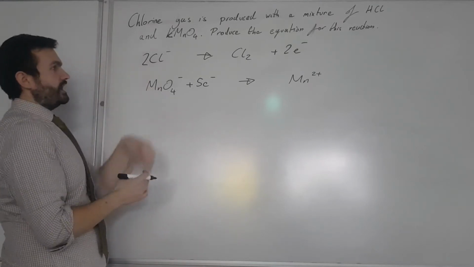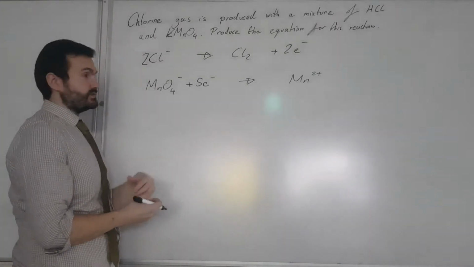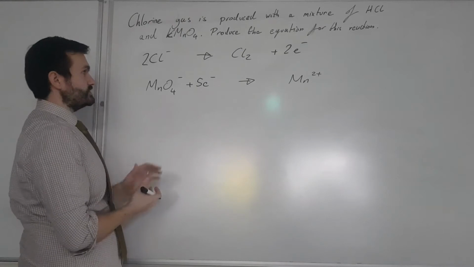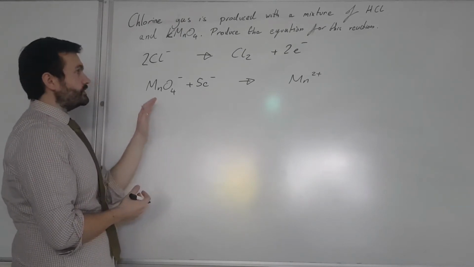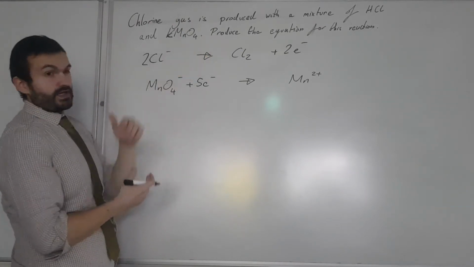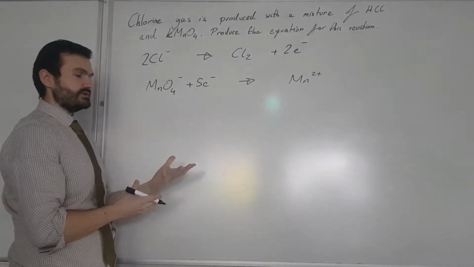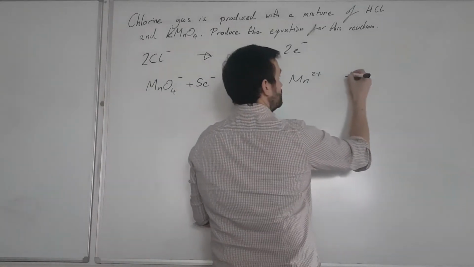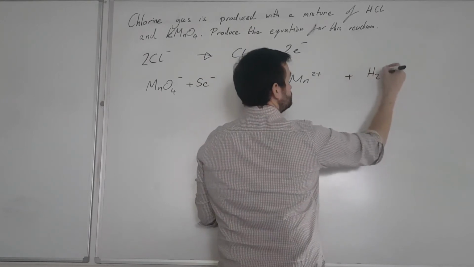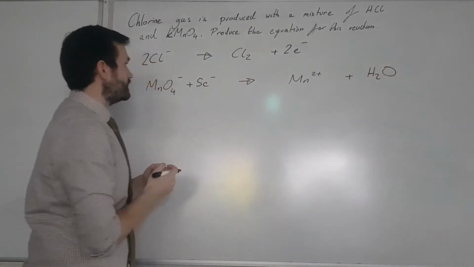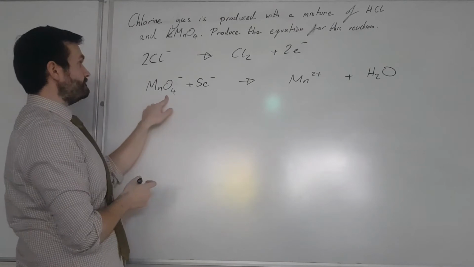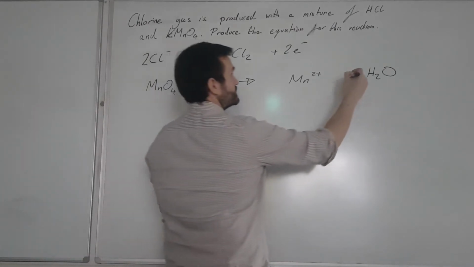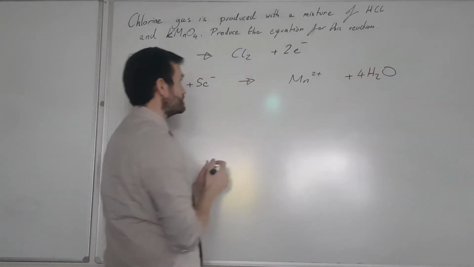Now we've balanced the electrons, we need to balance the oxygens. It is acidified with HCl, and when it's been acidified, we're going to produce water. Because there are 4 oxygens, there are going to be 4 waters.